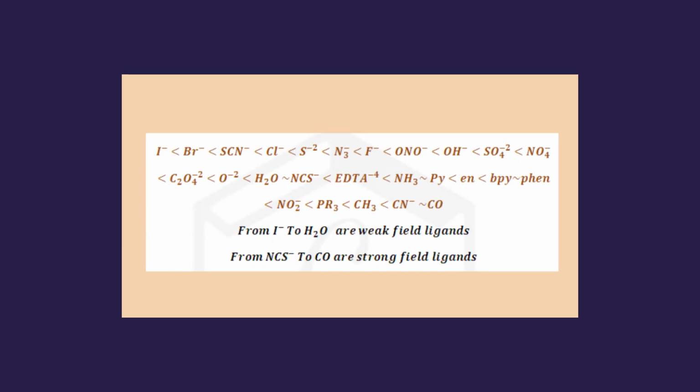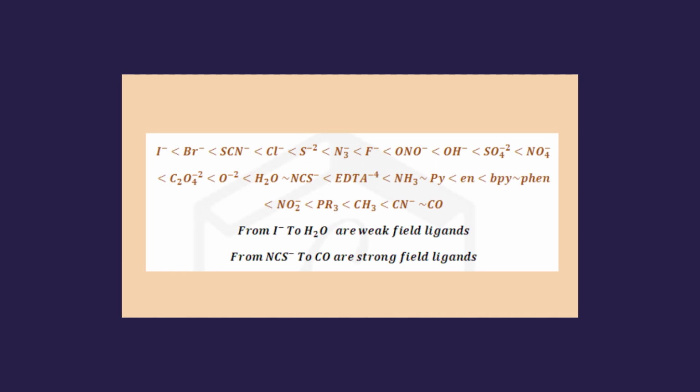From I minus onwards, different ligands are arranged: I minus, Br minus, SCN minus, Cl minus, S2 minus, N3 minus, etc.